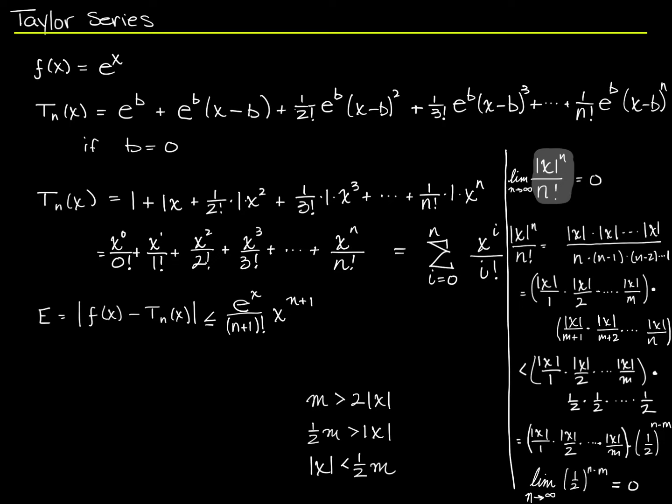In other words, the bigger n gets, the farther away it gets from m, this product approaches 0. So the limit of this product is equal to 0.